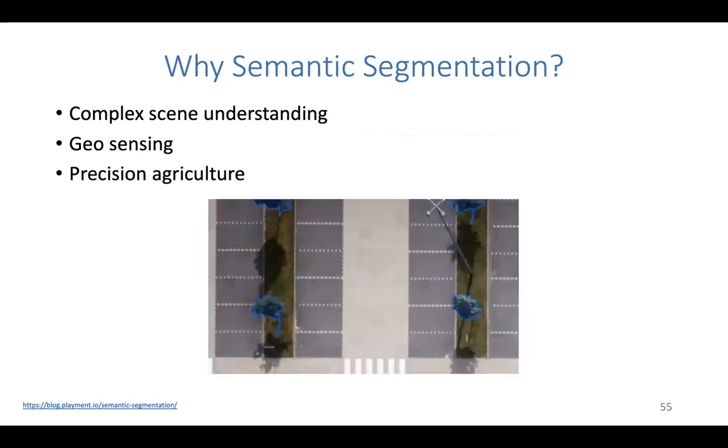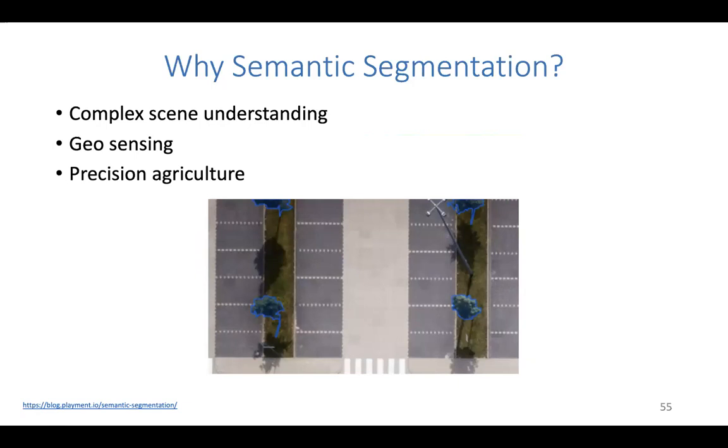The next one is precision agriculture. Again, this can also be used for agriculture, but there's something specifically called precision agriculture. Given a satellite image, you want to count the number of trees in a certain area, or the number of animals in a certain wild savanna, or the number of buildings inside a certain bounding box of a city.